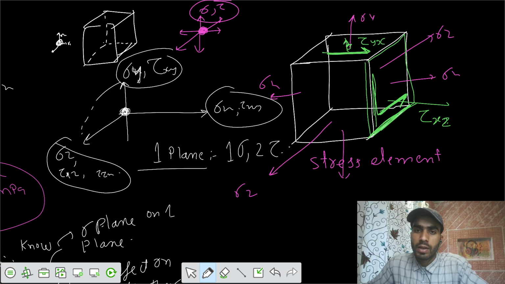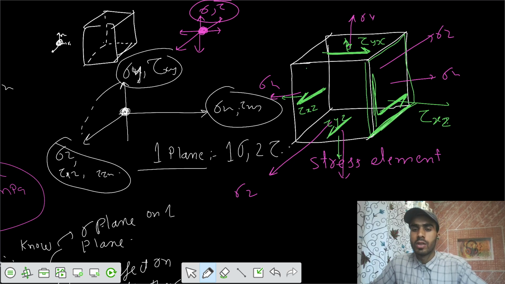Similarly, for this one, I draw the outward normal, that's x, and it is in the direction of z, so I can write tau xz. For this one, it is acting downward, so the outward normal is y, and the direction is in the z, tau yz.